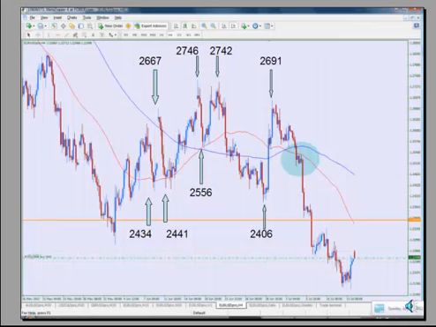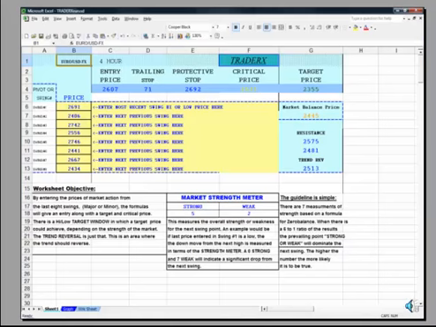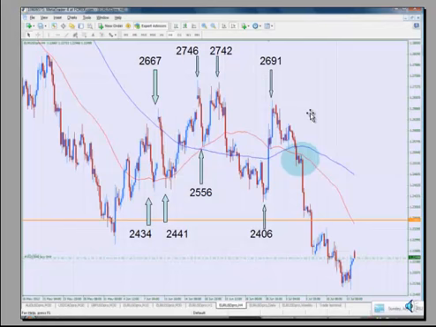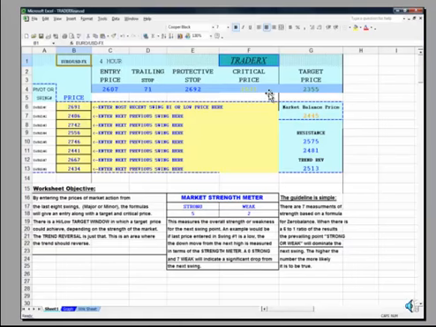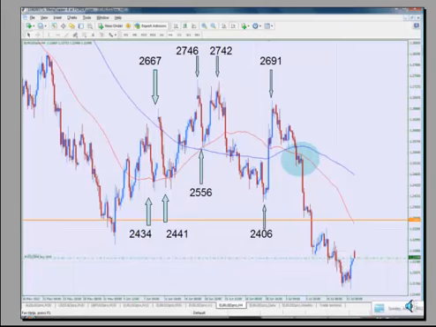Alright, this is a worksheet here that I've done with the charts from the previous worksheet right here. I've taken this and put it onto the charts, and this little blue area right in here shows the critical area that we talked about, and this is the critical price, 25.23.